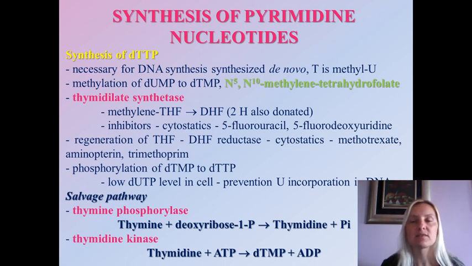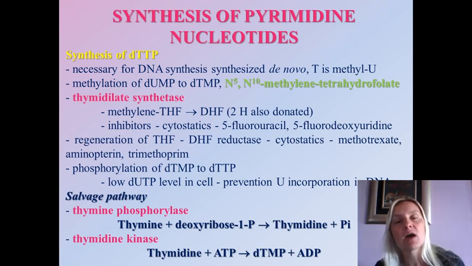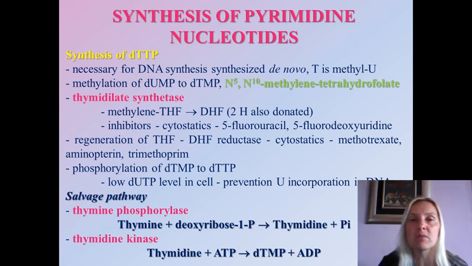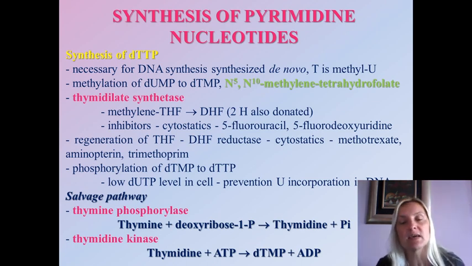And regarding the very end of this story, the salvage pathway of dTTP synthesis requires the action of two enzymes, thymine phosphorylase, which actually binds the deoxyribose 1-phosphate moiety to thymine, forming the nucleoside thymidine, and thymidine is further phosphorylated by thymidine kinase to form dTMP, dTDP, and dTTP, ready for incorporation in DNA molecules.